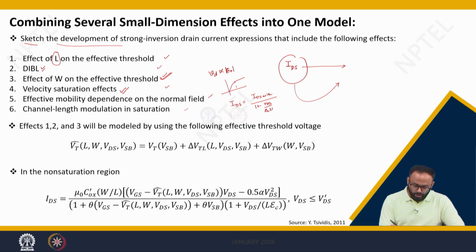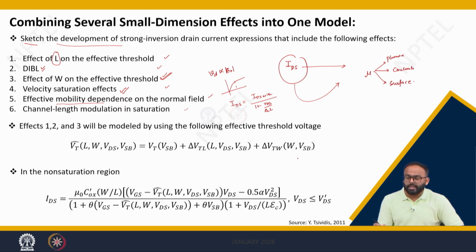Another effect we want to include in our model is effective mobility. We said that in general mobility suffers from multiple scattering events we discussed as phonon scattering, Coulomb scattering and surface roughness.